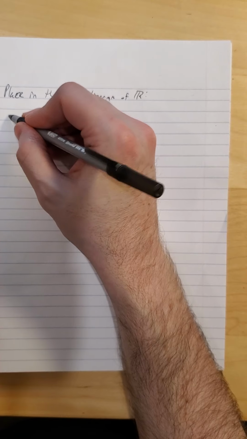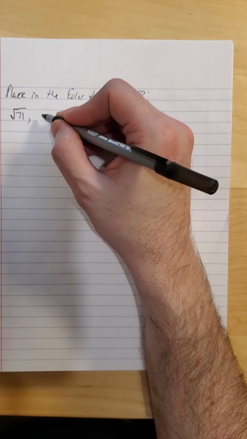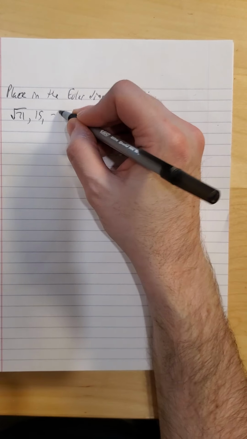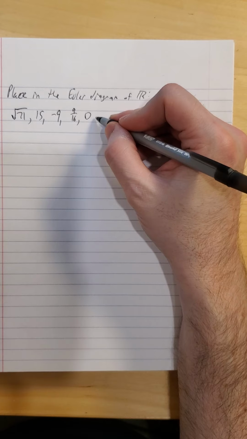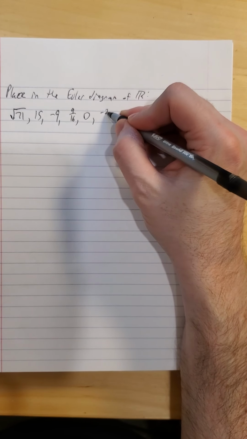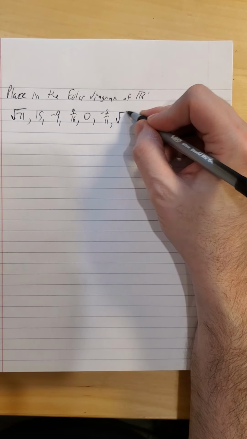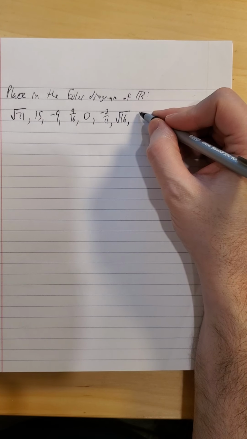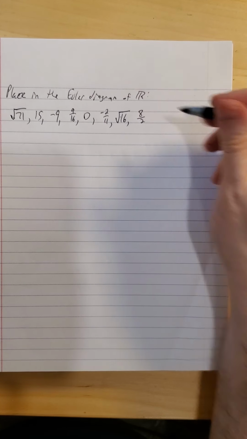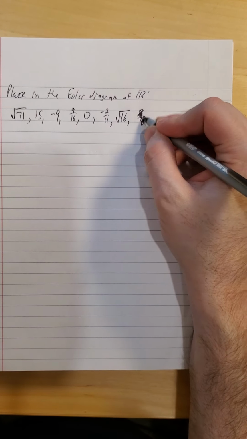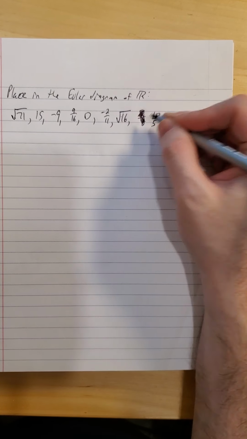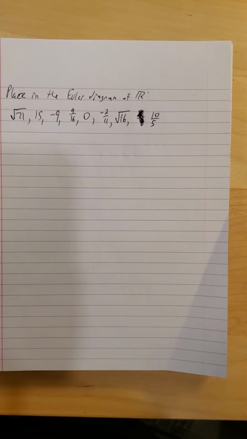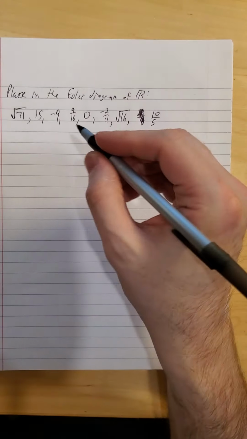Let's do the elements root 71, 15, negative 9, 9/16, 0, negative 2/11, square root of 16, and 8/2. Or let's do 10/5. Okay, so we're going to place all these in an Euler diagram of the real numbers.